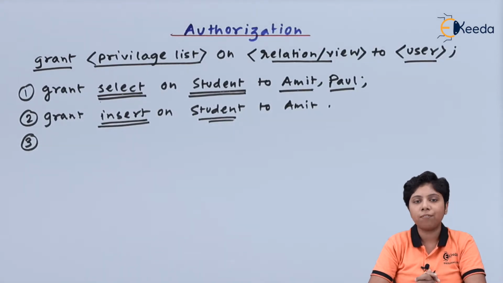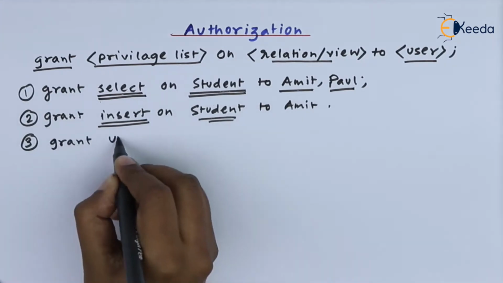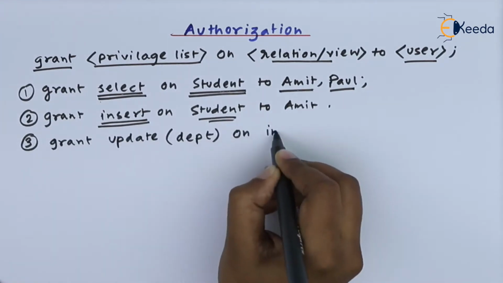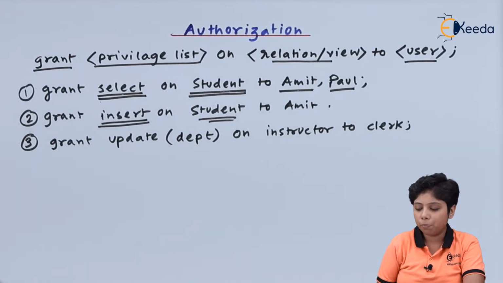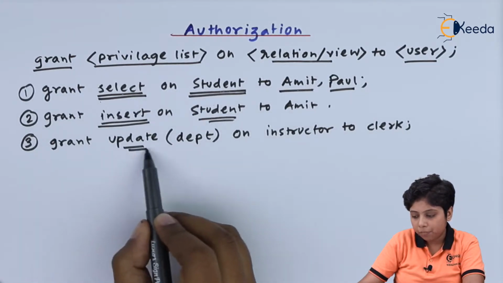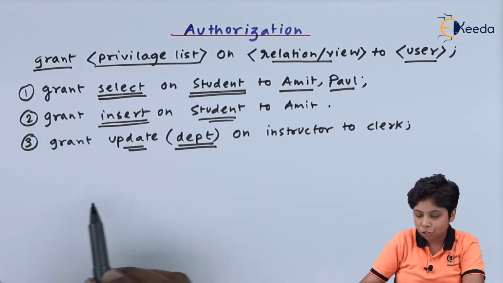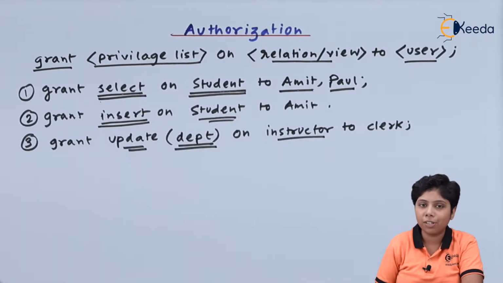So we can give the update privilege to only the attribute department of the instructor relation to the clerk. So here we are granting the update privilege on the department attribute on the instructor relation to any clerk.